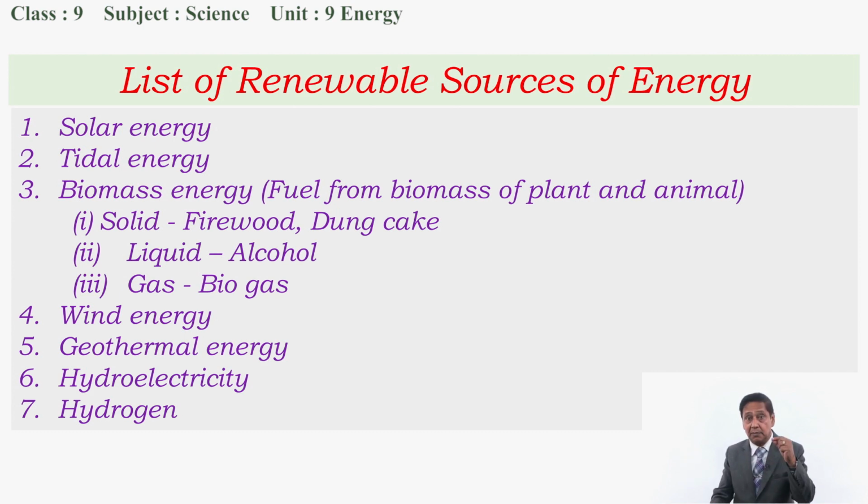Hydrogen is one of the important rocket fuel, and when burned in different engine, it combines with oxygen to form again water, and that's why this is renewable source of energy. This is a list of renewable source of energy.